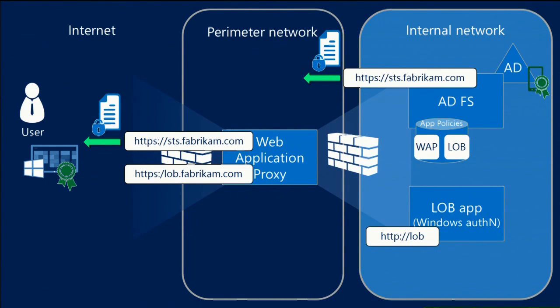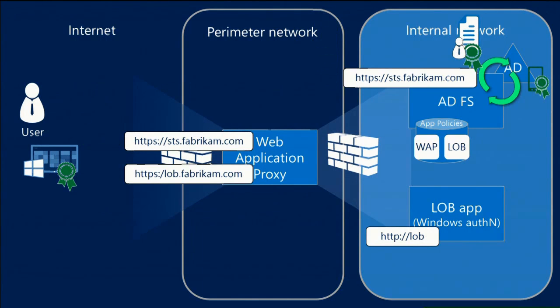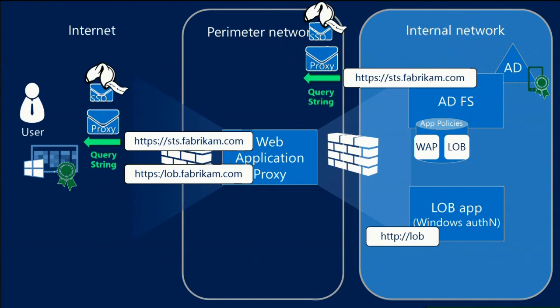The device is challenged with getting back the certificate, and the certificate is provided from the device over the Web Application Proxy, or the ADFS proxy in this case, all the way to the backend to ADFS. And ADFS does a lookup in Active Directory to see if that device object is actually registered and not expired, and so on and so forth. And if everything goes well, then it grants you back a security token.